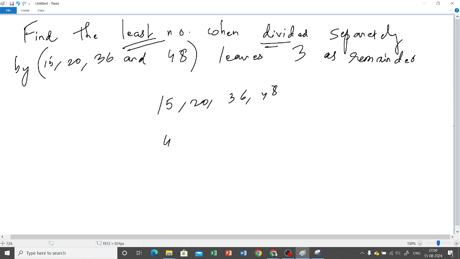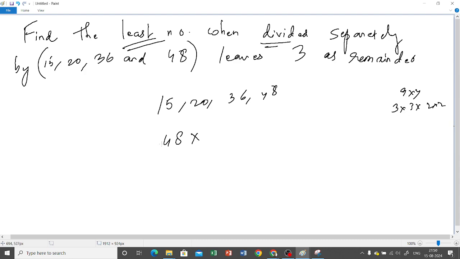ওকে, সব থেকে বড় নাম্বারটাকে নিলাম 48 into 36. 36 is 9 into 4, so 36 is 9 into 4 or 3 into 3 into 2 into 2.